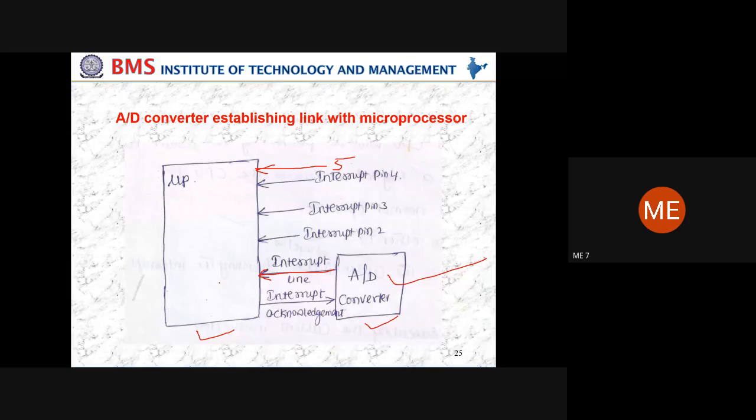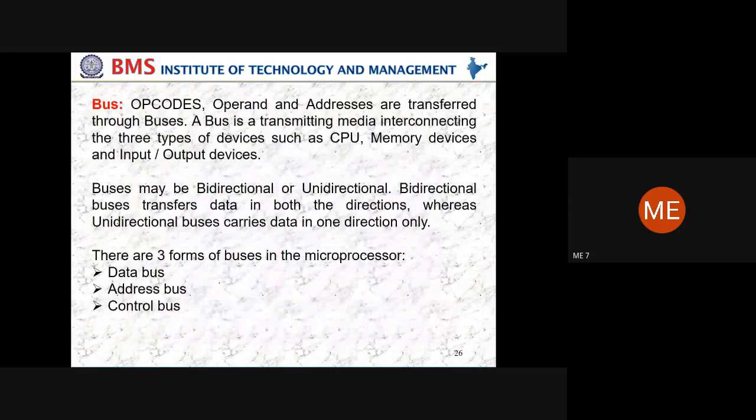So this is with respect to the interrupts. We will take up more in another 5-10 minutes. Next one is the bus. As the word indicates, the bus is something which is an interconnecting device, moving from somewhere to somewhere.